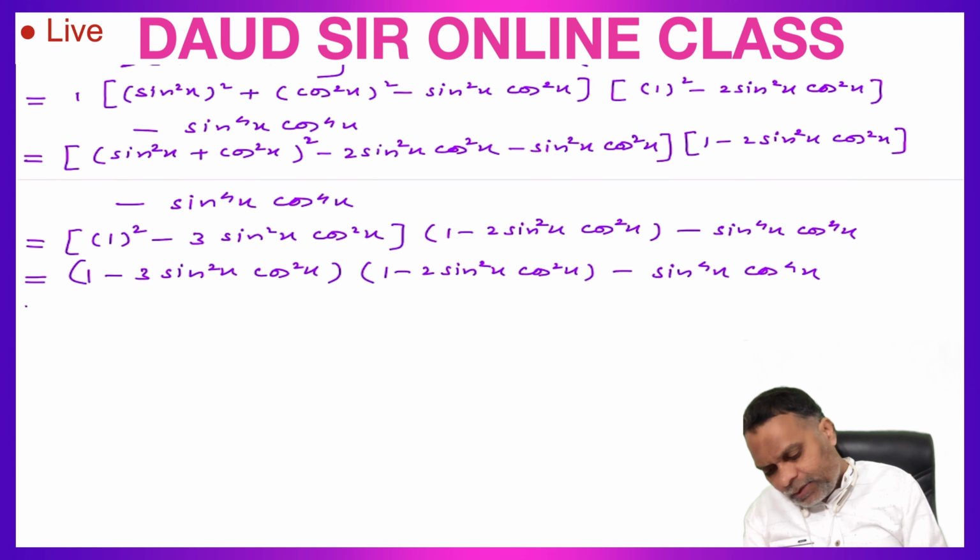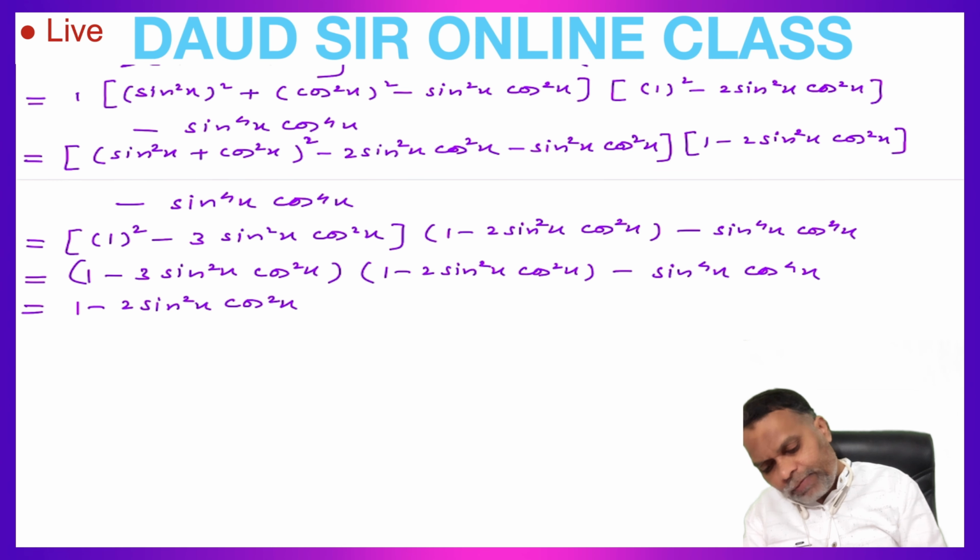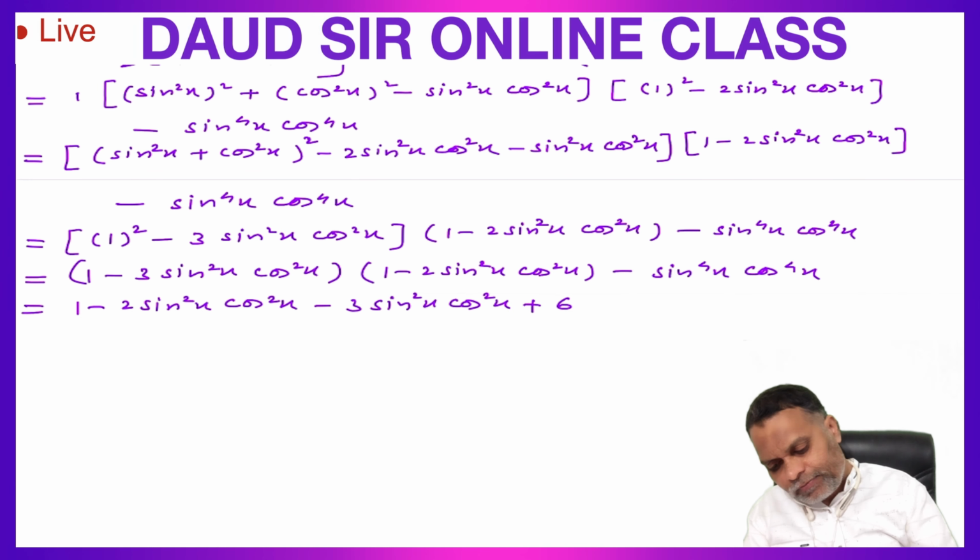Open these two brackets, multiplying by 1. So 1 minus 2 sin square x into cos square x, multiplying by minus 3 sin square x into cos square x, minus minus plus, 3 twos are 6, sin raised to the power 4x into cos raised to the power 4x.